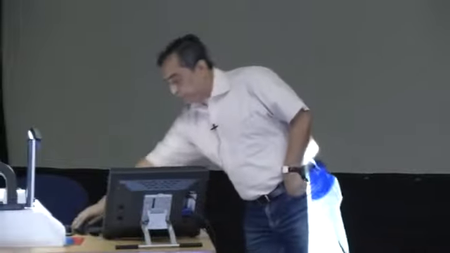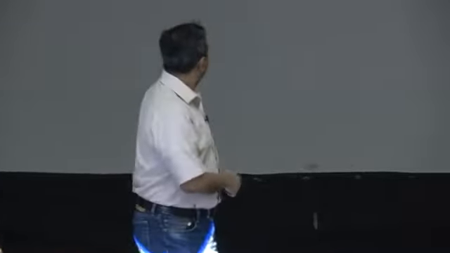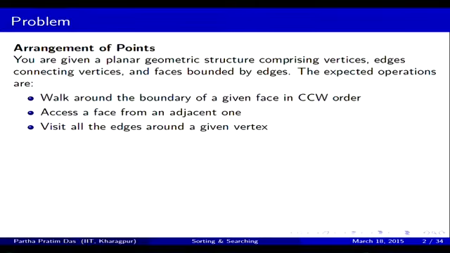Okay, so could you attempt the problem that we had discussed? We wanted to build a data structure for an arrangement of points, a planar geometric structure which has different kinds of entities: vertices, edges connecting the vertices, and faces as bounded by the vertices.